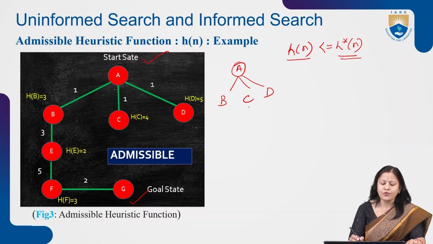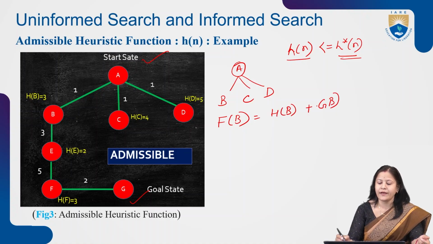Now, what is the cost of B? f of B is equal to h of B plus g of B. This is the formula, right? As I told, the cost of any node, f of n, is equal to h of n plus g of n.